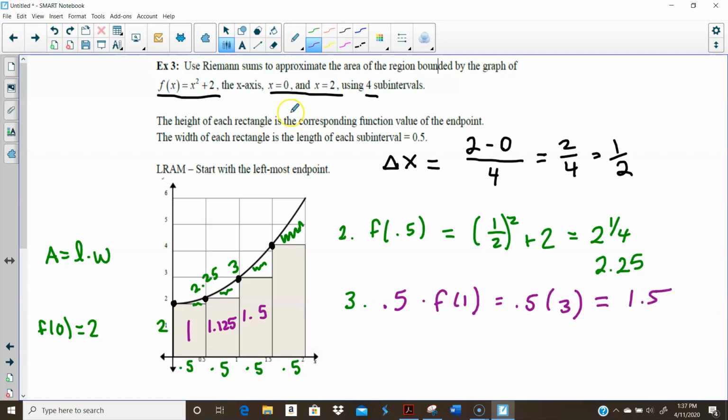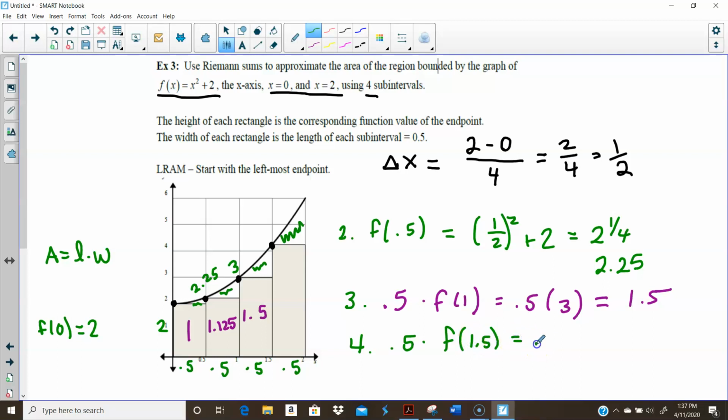All right, let's do the last rectangle. So the last rectangle is 0.5 times f of, and that x value here is 1.5. So we would do f of 1.5.